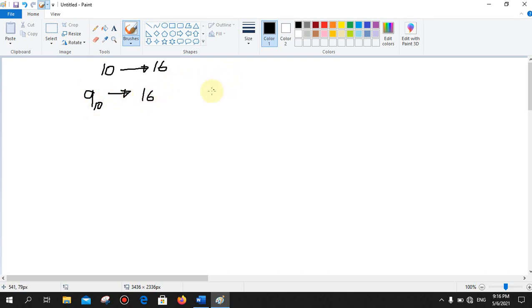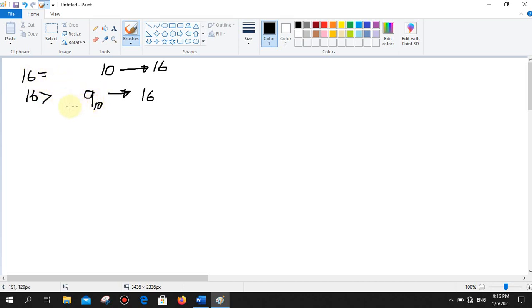So the method is you need to divide by 16 if you want to convert into hexadecimal. Then, like in earlier number systems, whatever the given number is, if it is equal to 16 or greater than 16, you have to divide it.